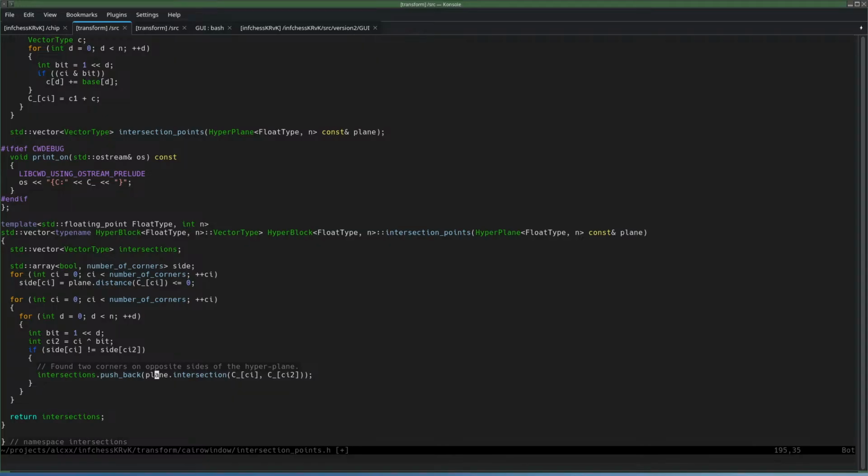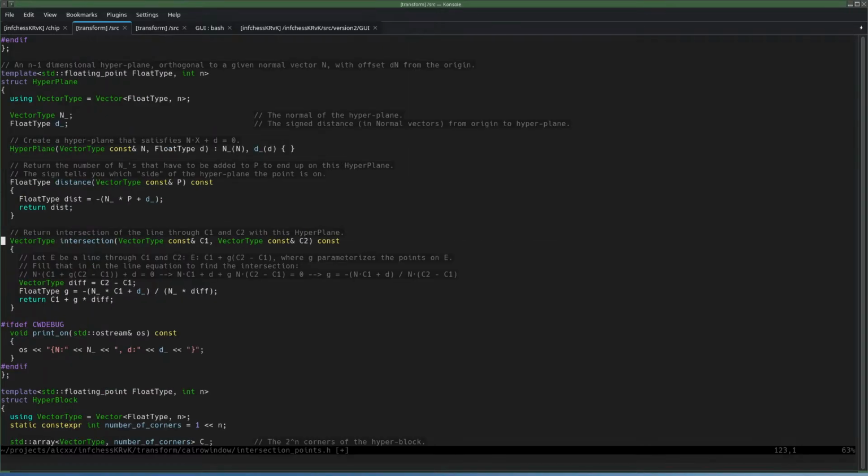If this is a hyperplane, I'm going back. What? Intersection. So you return the intersection of the line through C1 and C2 with this hyperplane. Why would that be a point?